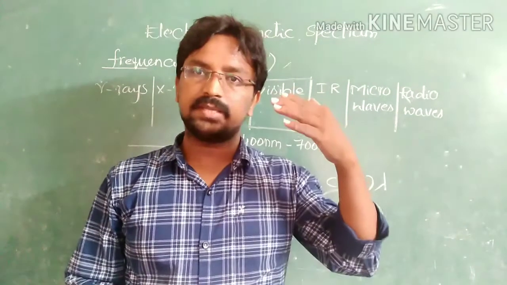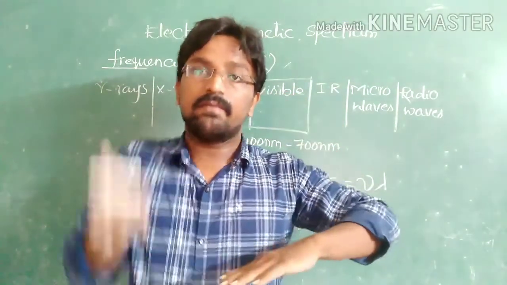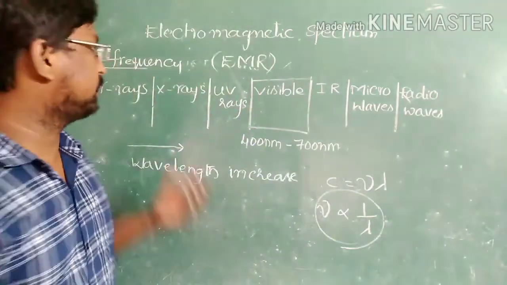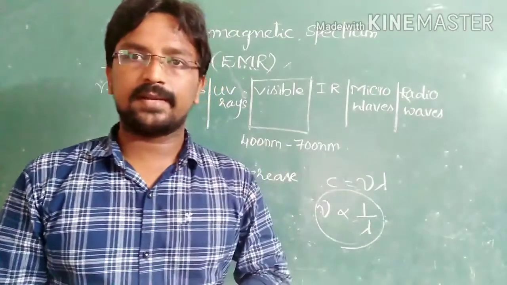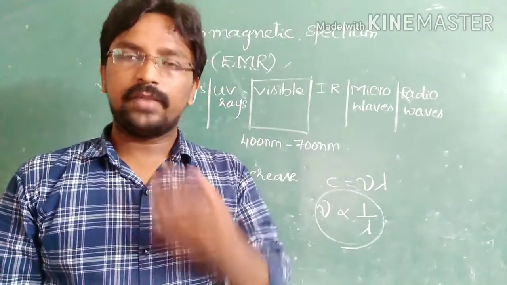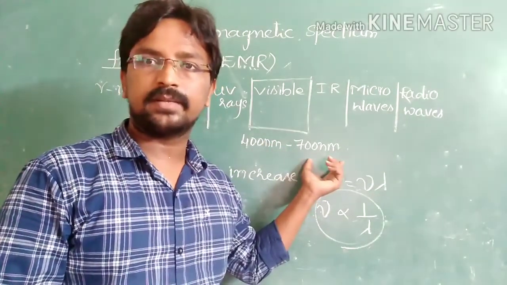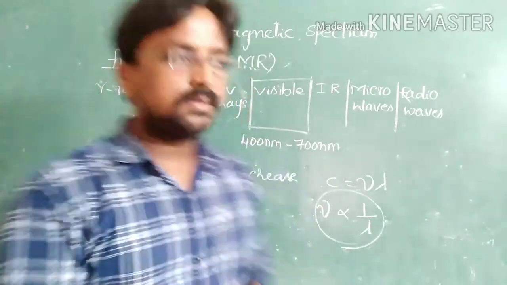If wavelength increases, frequency decreases; if frequency decreases, wavelength increases. So this is about the electromagnetic spectrum. In it, we are sensitive to 400 to 700 nanometers, which is the visible spectrum. Right? So let us see.